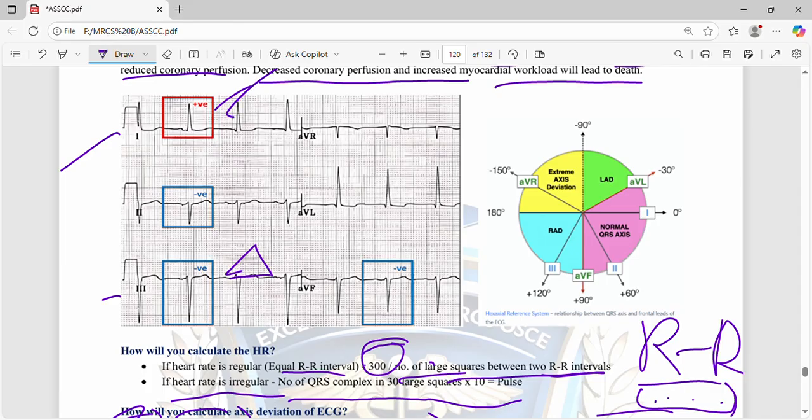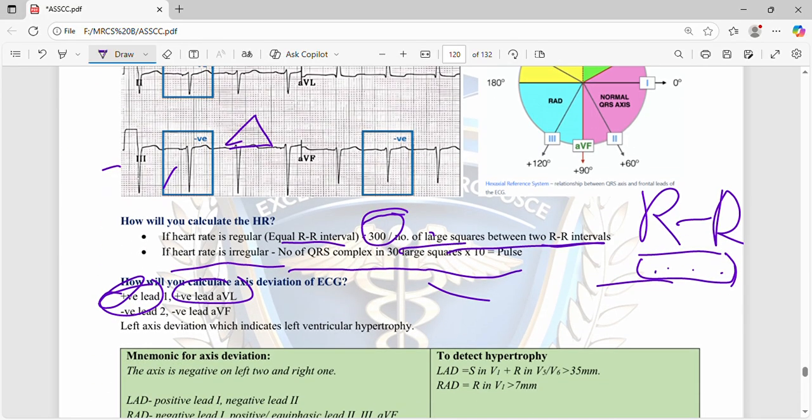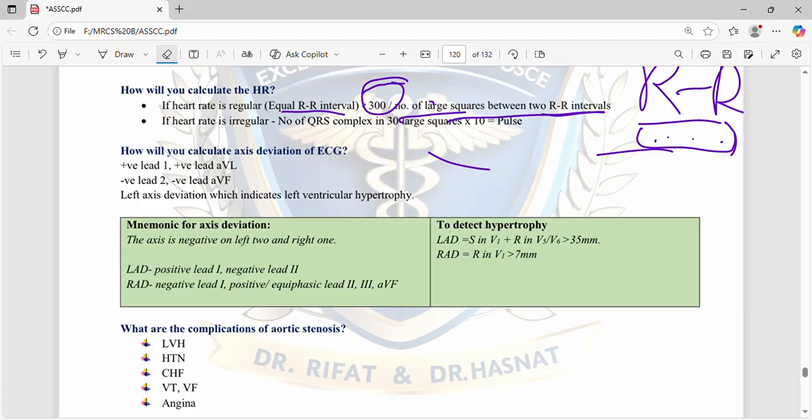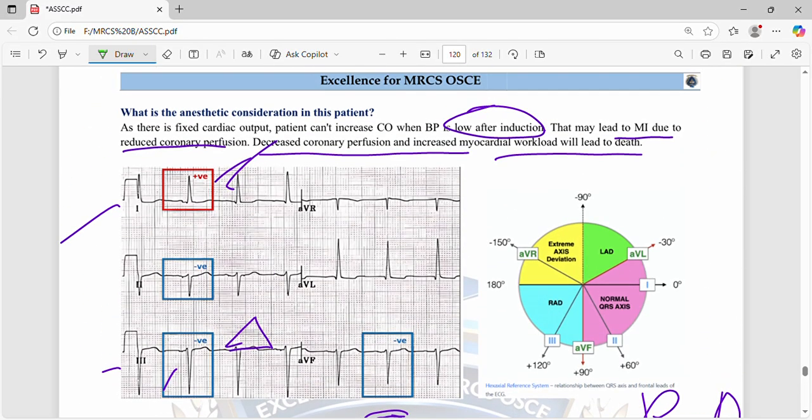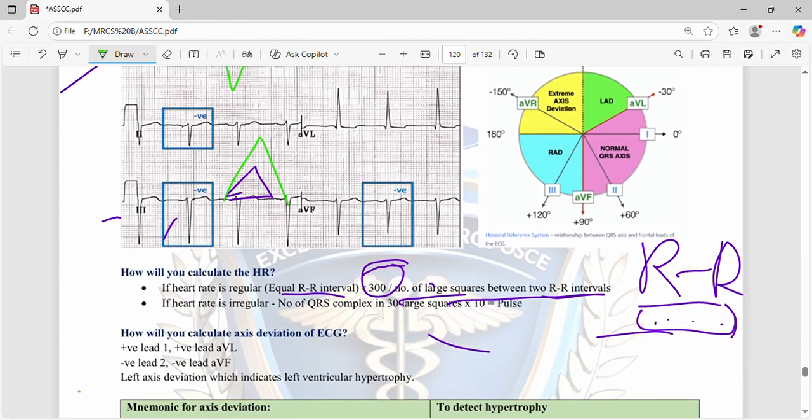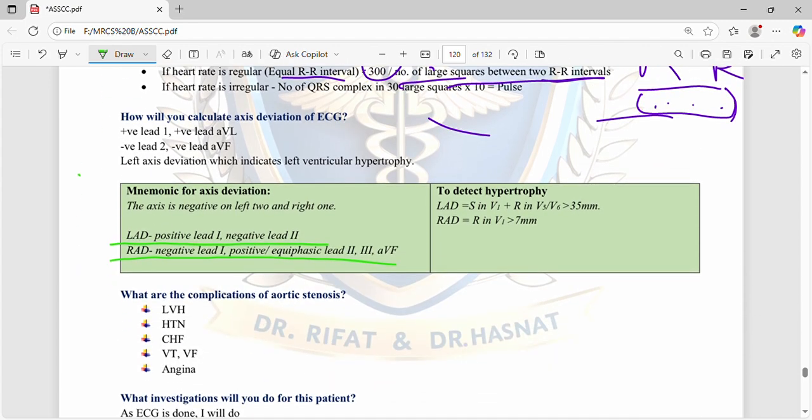If lead 1 is positive and lead 2 is negative, this is left axis deviation. Right axis deviation is negative in lead 1 and positive in lead 2.